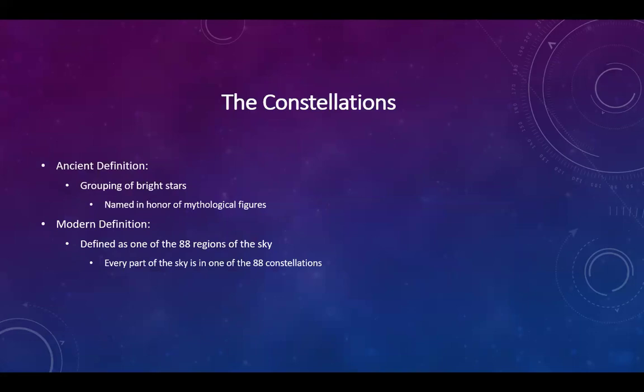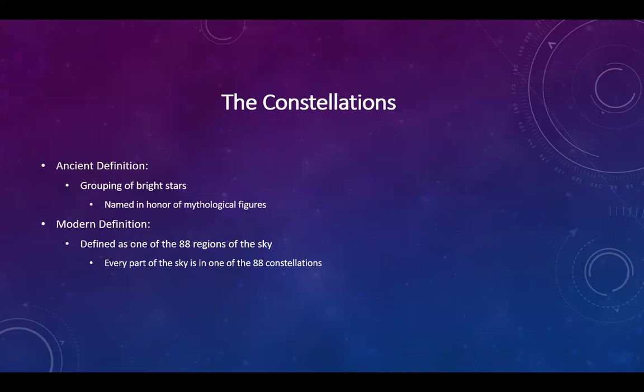Now the constellations, the ancient definition of the constellations is basically, that's a pretty picture in the sky. It's a grouping of bright stars that got named, usually in honor of some mythological figure.